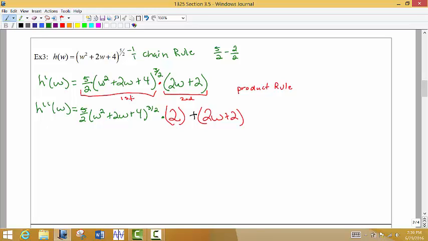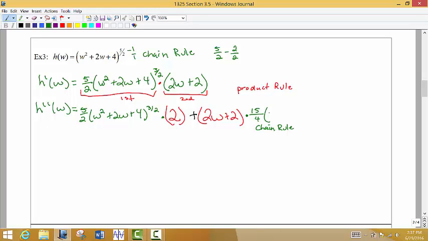Now when we go to take the derivative of the first, we need to use the chain rule. So I'm going to use the chain rule to find the derivative of the first. So we're going to bring down the power. We have 3 over 2. We're going to multiply that by 5 over 2. So remember, we multiply fractions. It's top times the top, which is 15, and then denominator times denominator. So that's 4.